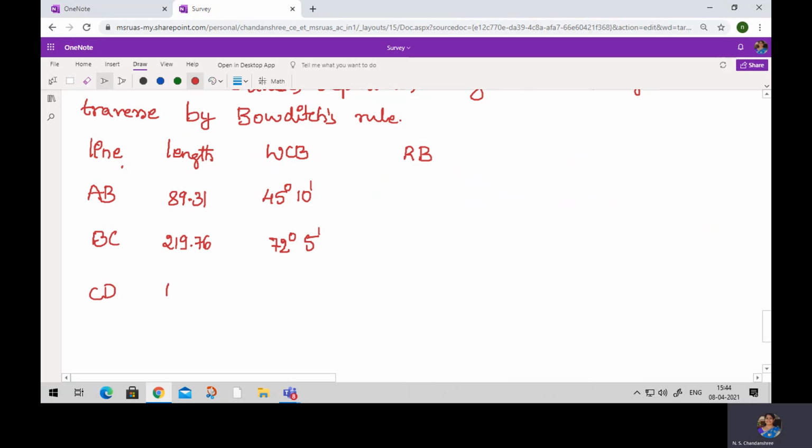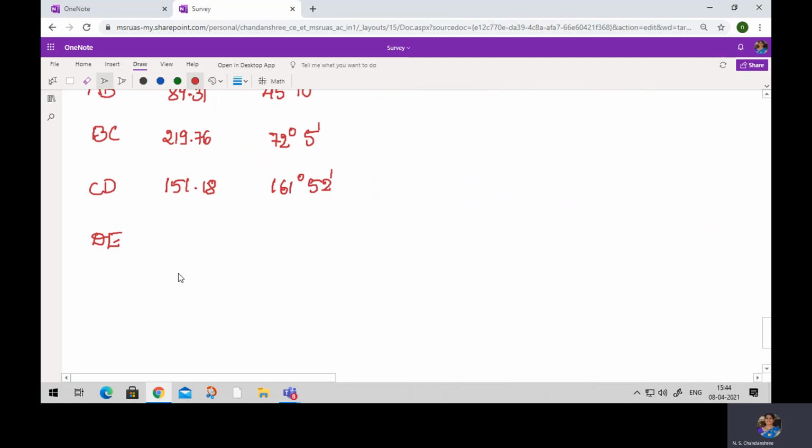Next is line CD. The length of the line is 151.18 meters and the whole circle bearing value is 161 degrees 52 minutes. Next line is DE. The length of the line is 159.10 meters and the whole circle bearing is 228 degrees 43 minutes.